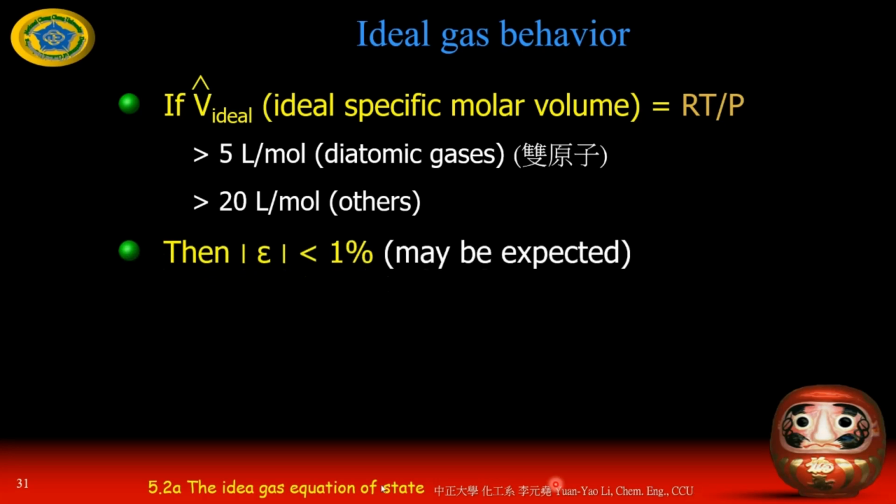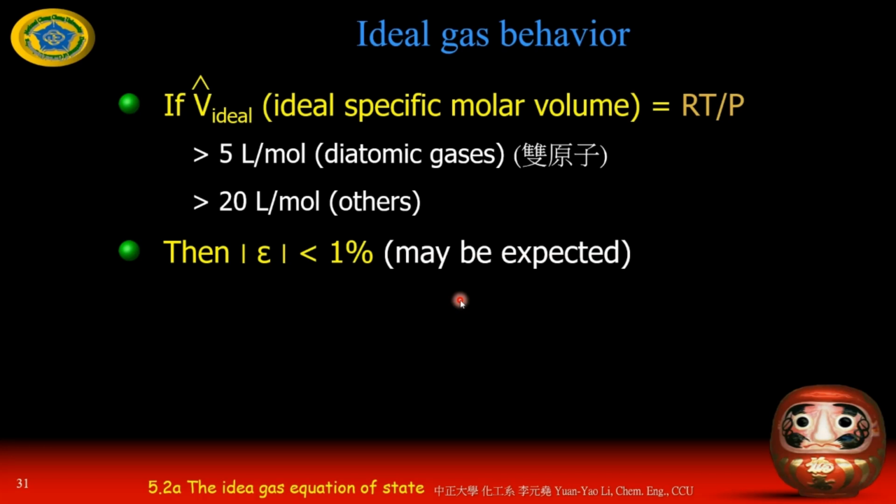So in that case, the absolute epsilon will be less than 1, as expected. If you get this, we can normally regard it as ideal gas behavior. When you calculate the epsilon, it's normally less than 1, but this is the normal case.